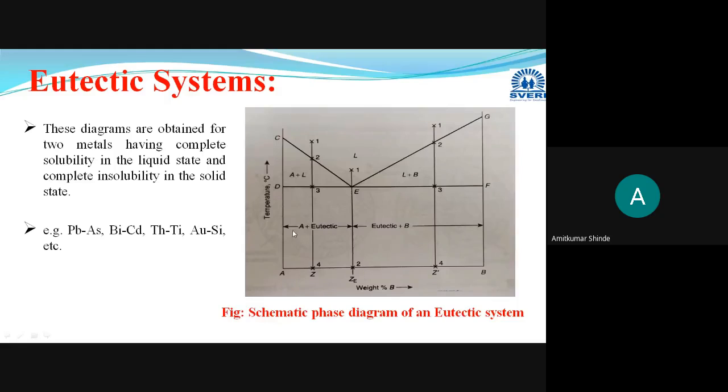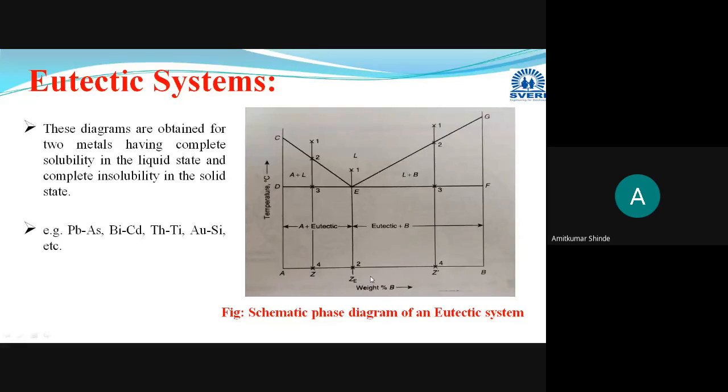If you take any composition throughout this diagram, any composition of these two elements A and B, this point E will have the least melting point of that particular alloy. This E will be termed the eutectic temperature, and the corresponding composition to this point E will be termed the eutectic composition, that is ZE.